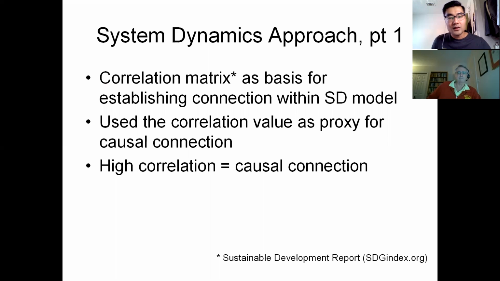We used the correlation values as a proxy for causal connection as our initial approach, so we looked at a high correlation as a rough equivalent to a strong causal connection.